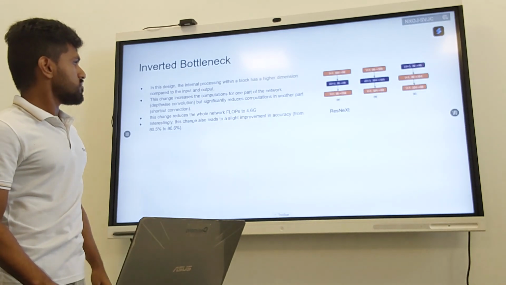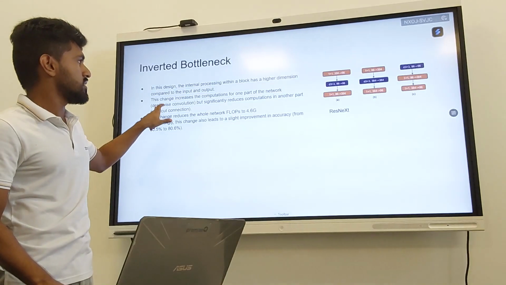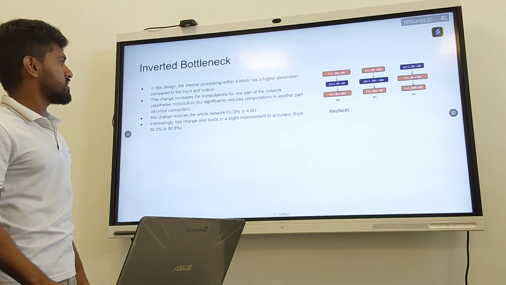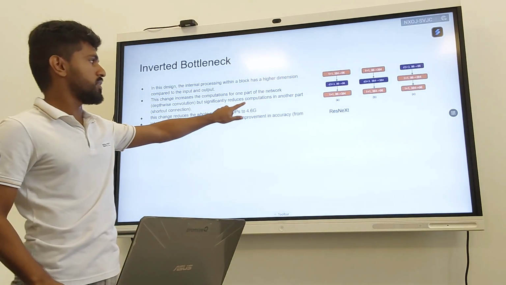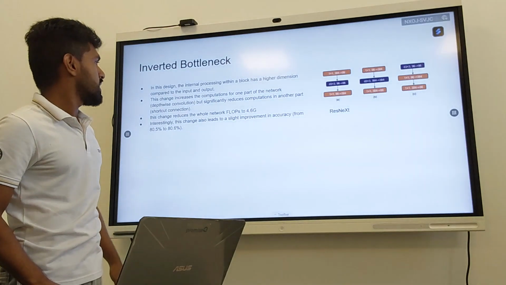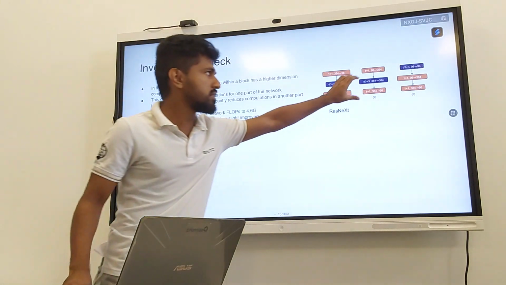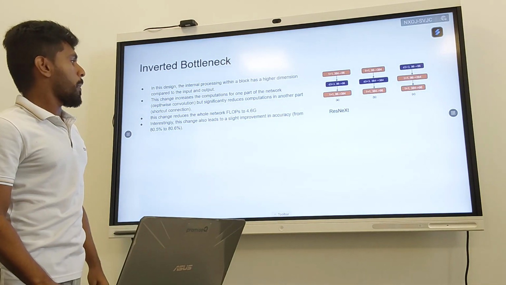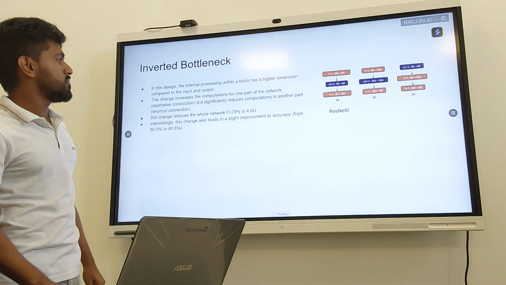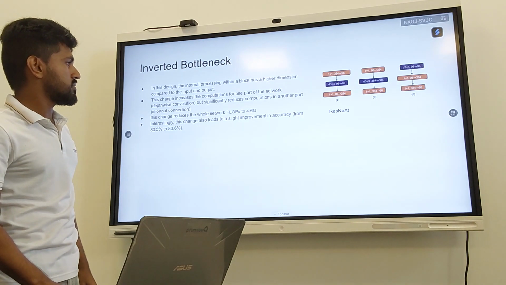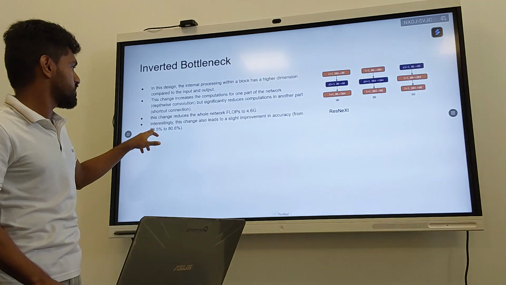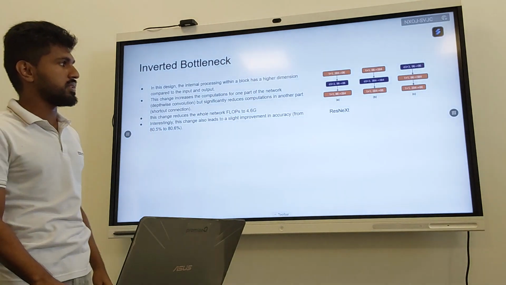Because of that, the computation for the depth-wise convolution part increases, but it significantly reduced the computation in the input and output shortcut connection part. So from that inverted bottleneck insertion, the accuracy increased from 80.5 to 80.6.